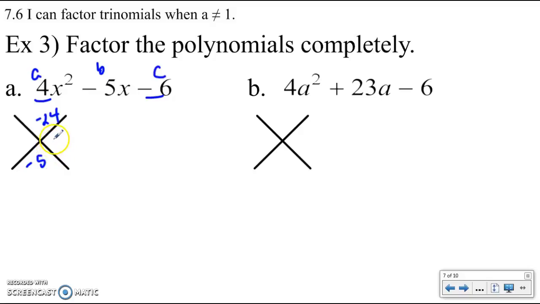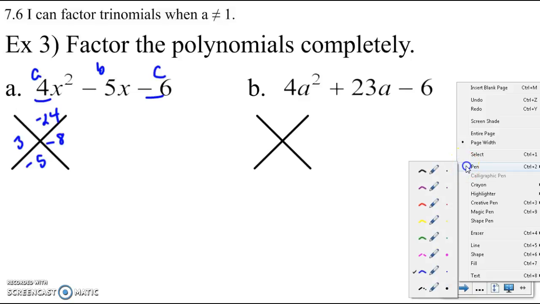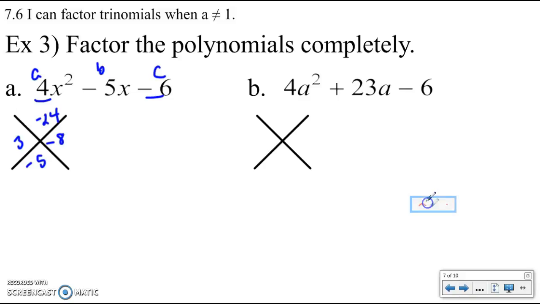The factors of negative 24 that add up to negative 5 are 3 and negative 8. 3 times negative 8 is negative 24, and 3 plus negative 8 is negative 5. So A, C stay the same, B gets split. So 4x squared plus 3x minus 8x minus 6.